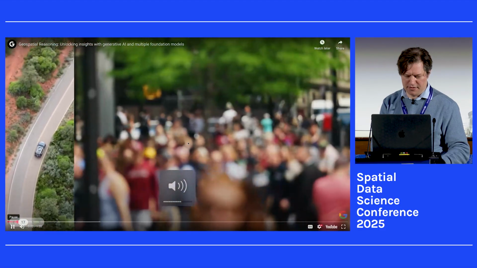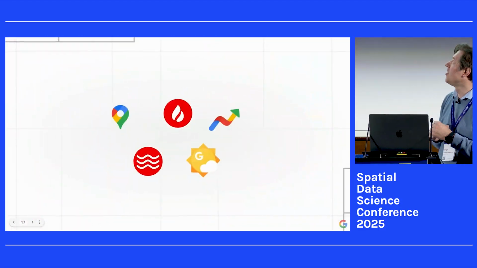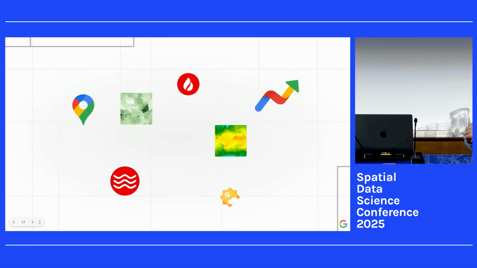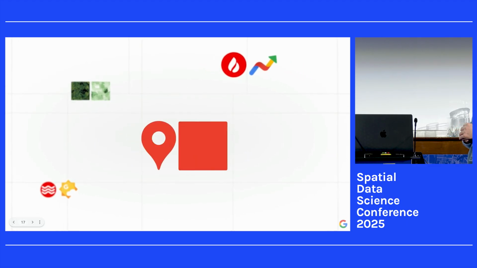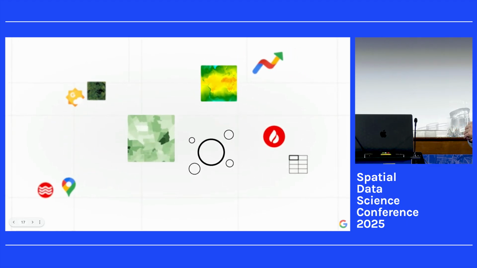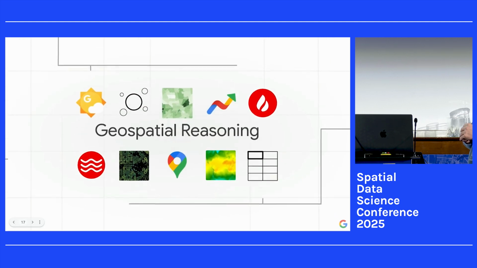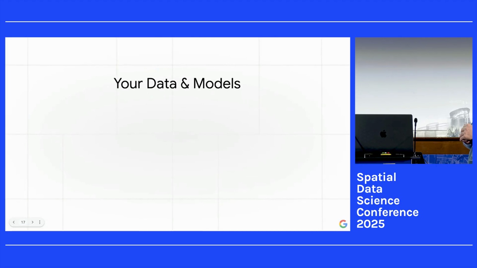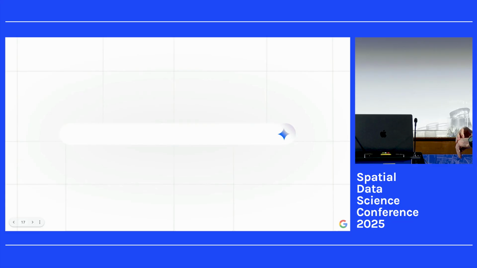From maps and trends to weather, floods, and wildfires, Google has studied the geospatial world for decades, and we've made that information accessible through AI models and real-time services. But synthesizing across these models and combining your data with ours can be challenging and expensive. That's why we're introducing Geospatial Reasoning. You can now bring your data and models together with Google's geospatial tools for easier analysis using Gemini's reasoning ability.